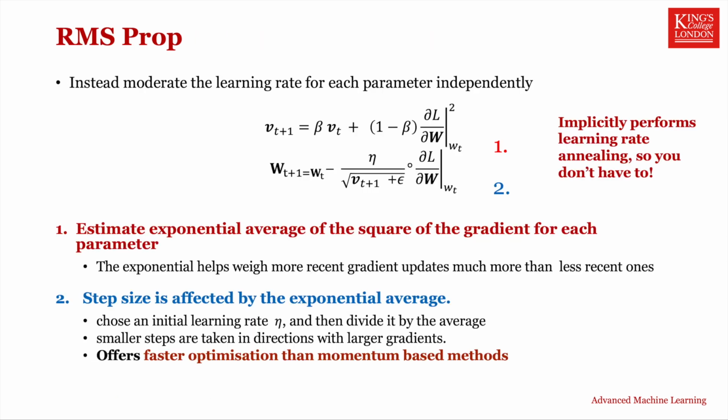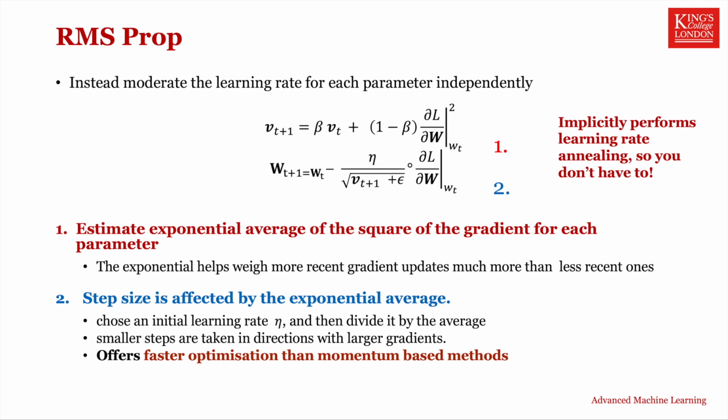So next, let's consider RMS prop. This takes a similar approach in that it is accumulating or keeping memory of past gradients, but rather than updating the parameters with a weighted average or accumulated gradient, it uses a moving average of the gradients to update the learning rate on a per parameter basis.